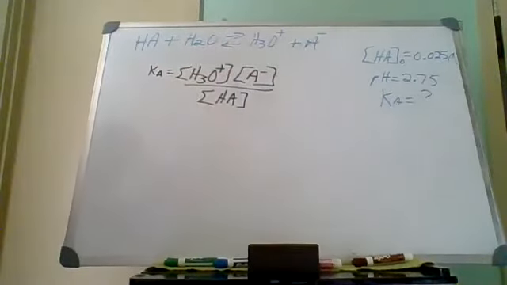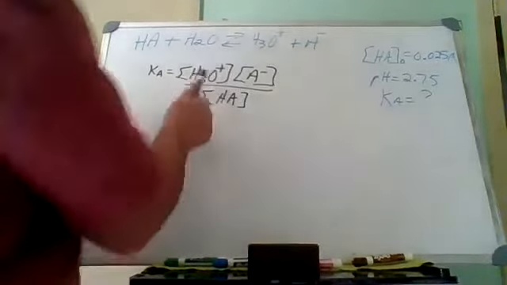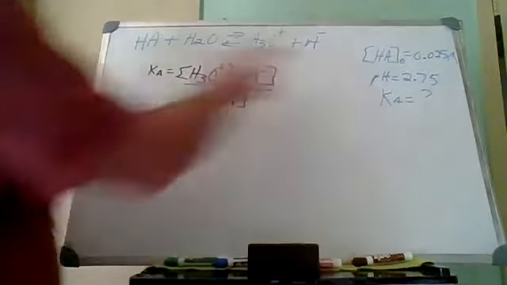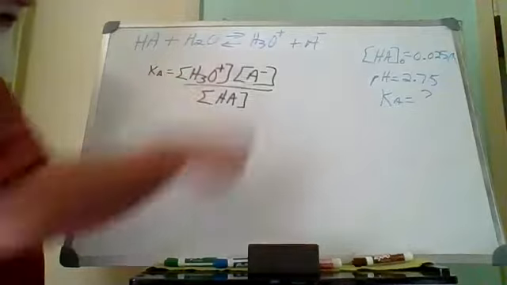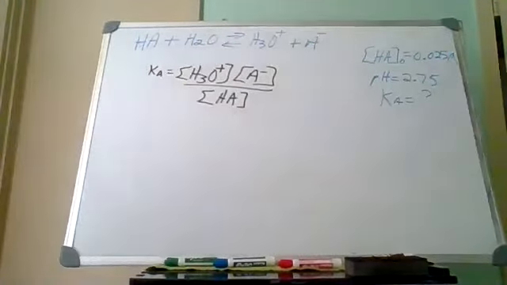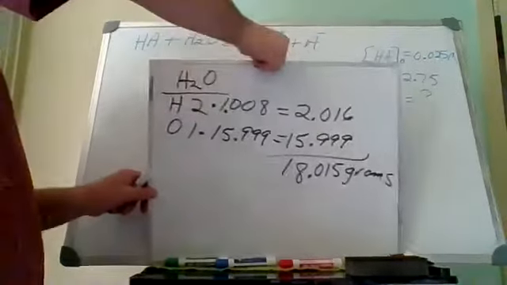Now, from the pH, we can get the hydronium ion concentration. We learned how to do that in the last class. So let's go ahead and do that. I'm going to bring up a different board here.